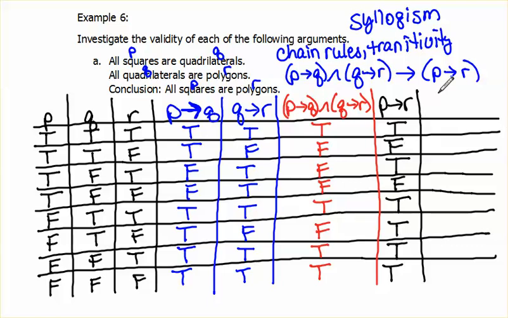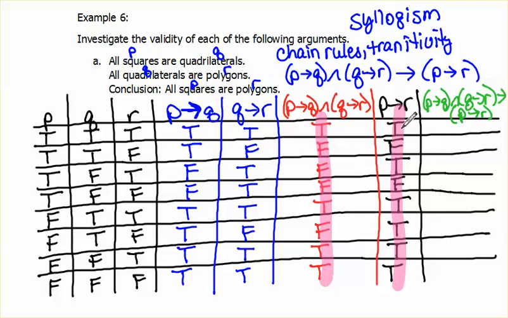And now we're going to put these all together. We have P implies Q and Q implies R, and all of that implies P implies R. So we're going to take this column and this column and do an implication with them.